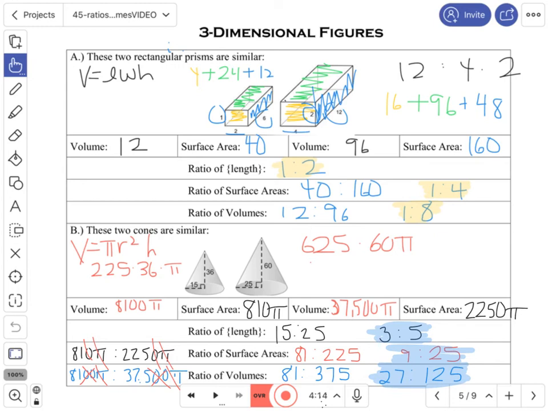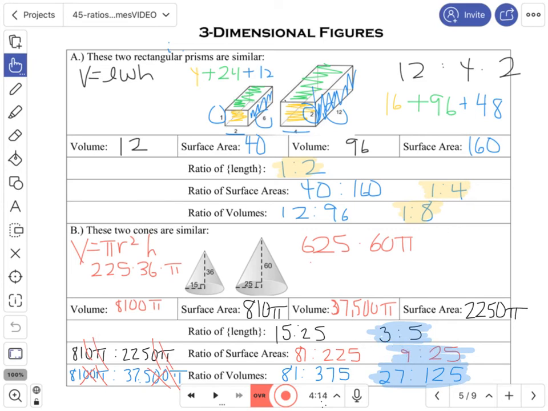And the surface areas, what's happening to it is just like what happened with the areas last time for the two-dimensional figures, that it's squared, right? If we take this 1 and 2 and square that, we get 1 and 4. And if we take the 3 and 5 and square that, we get 9 and 25.